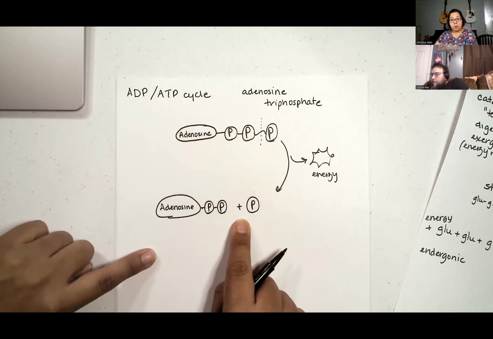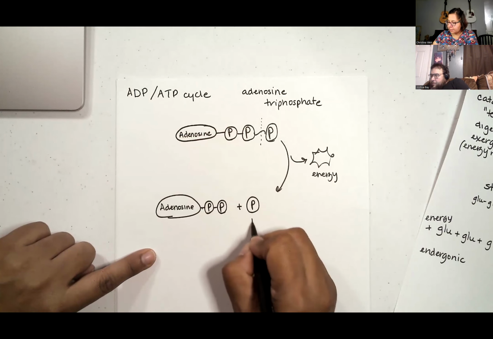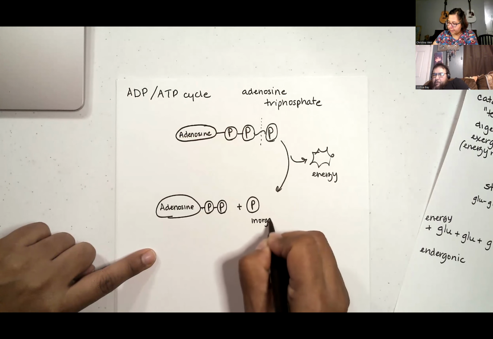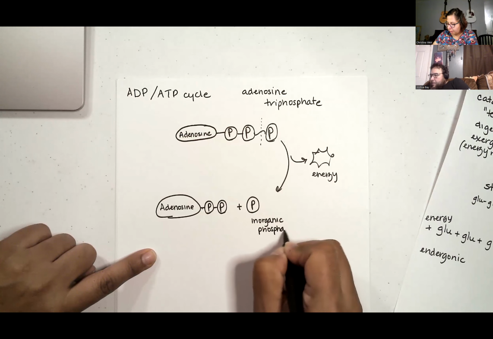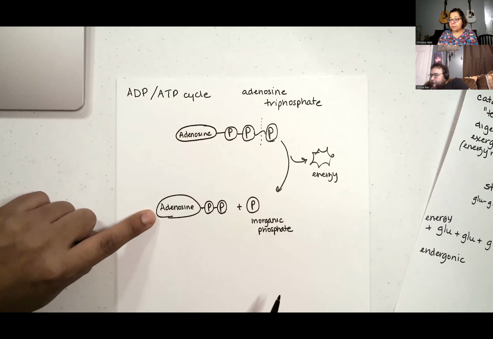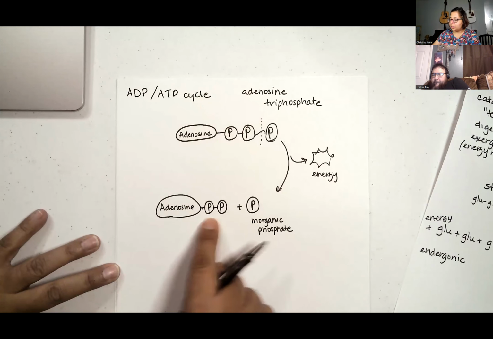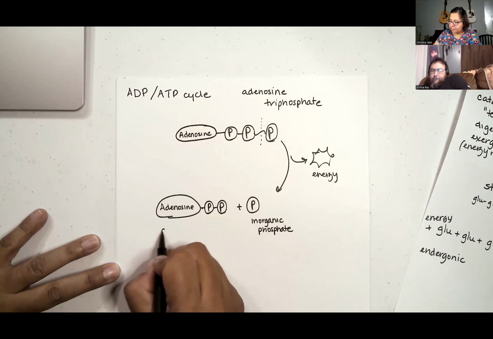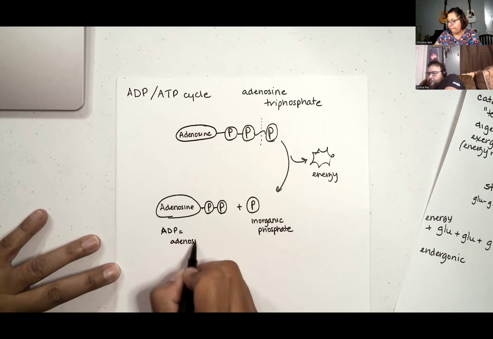We've broken that chemical bond. An individual phosphate is sometimes called an inorganic phosphate. This thing that's left over is no longer adenosine triphosphate. There are only 2 phosphates on there, so we call it ADP, or adenosine diphosphate.